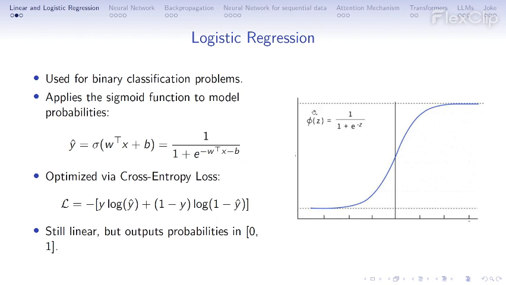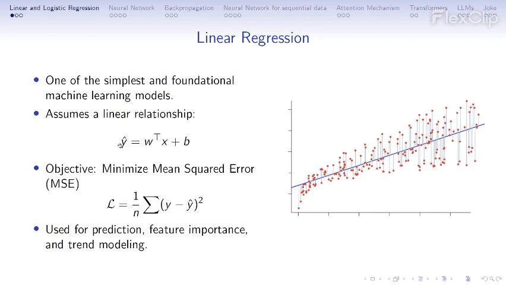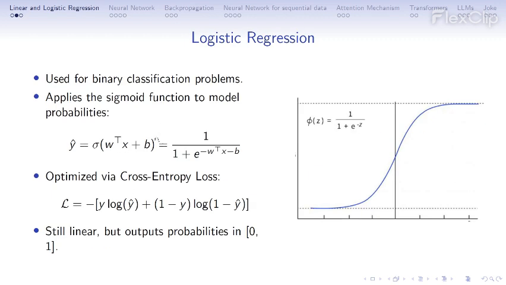Logistic regression ምንድን ነው? It's basically used for binary classification problems, and it applies the sigmoid function to model probabilities. So it is the application of the sigmoid function to the linear model. You already saw this guy, right? ይሄ ማለት ነው. So applying this sigmoid function to the linear model, you get the sigmoid function.